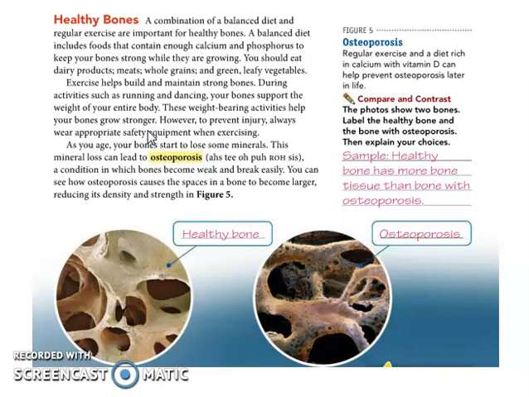Here I will discuss one health issue about the bones, that is osteoporosis. Osteoporosis happens when we lose minerals like phosphorus and calcium. Osteoporosis is the weakening of the bone. Bone becomes brittle when we lose minerals like calcium and phosphorus. Look at the picture.